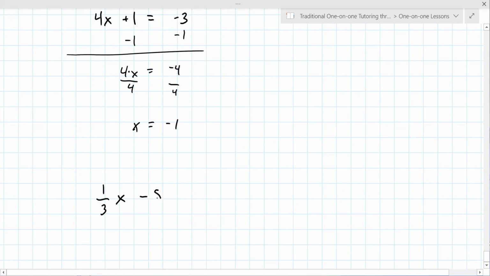1/3 x minus 8 equals 10, we'll say. So you add 8 on each side. Yes, on the 10 and the 8. Oh, you want me to solve it on my own? I do. Yeah, go ahead and solve it on your own, please.